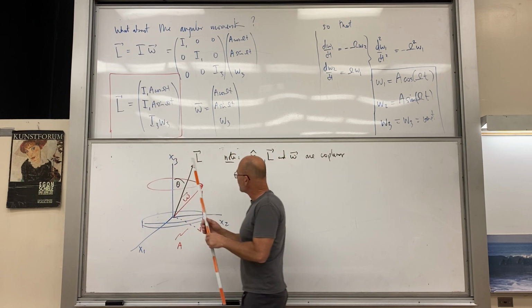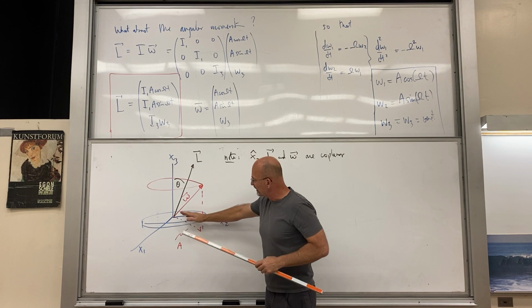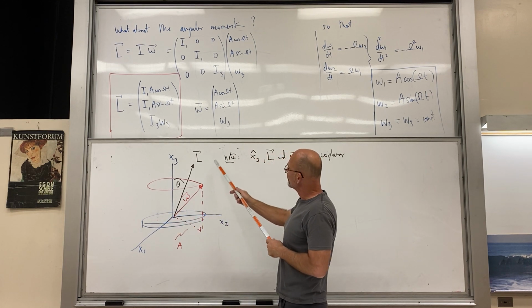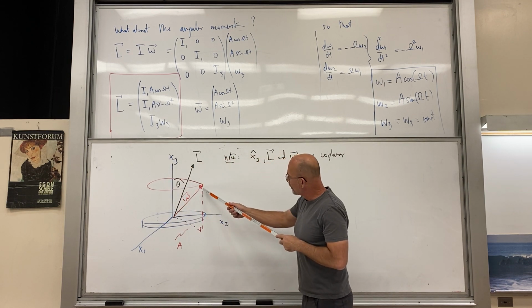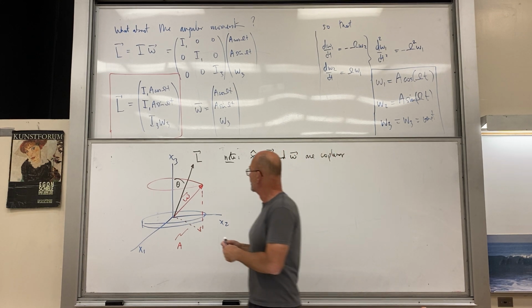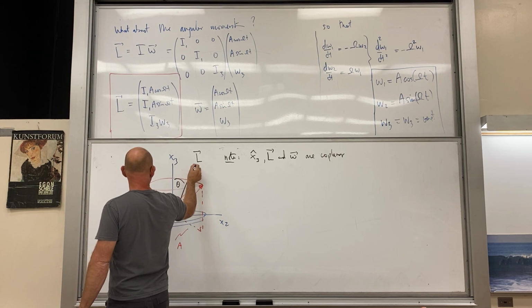So in the lab frame, this vector L would be fixed and this disk is wobbling around. But in the body frame where we are now, X3 is fixed and both omega and L describe cones with the tips of these vectors. Each vector describes a cone.